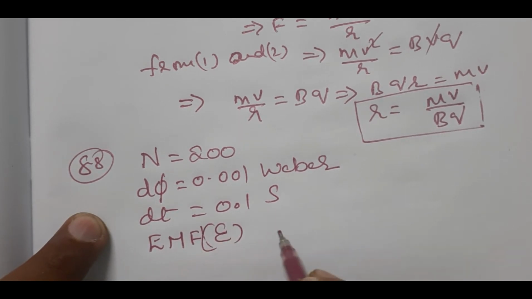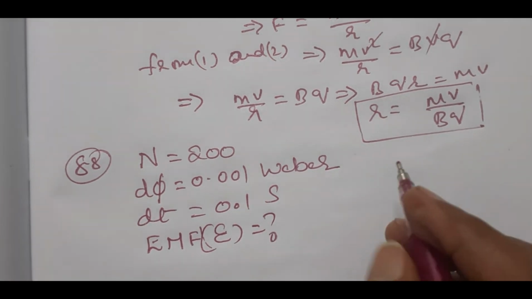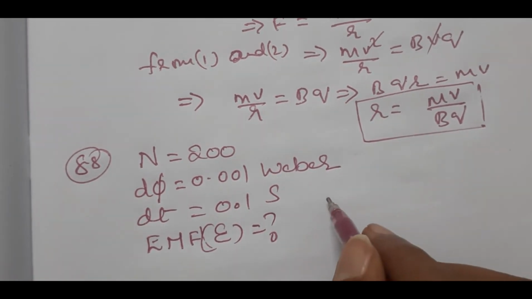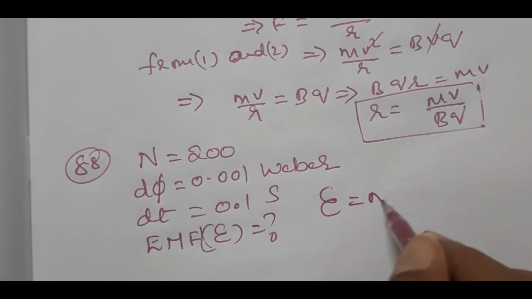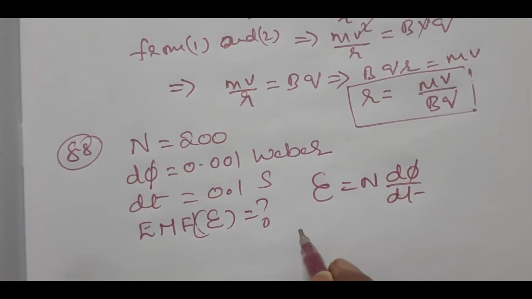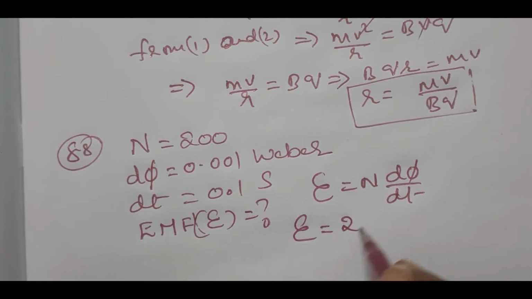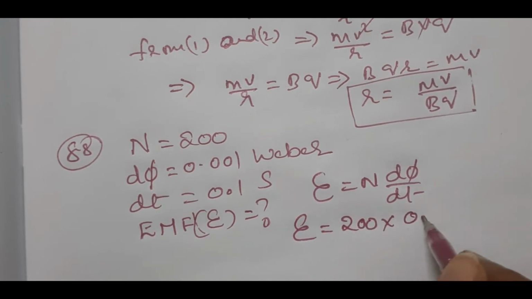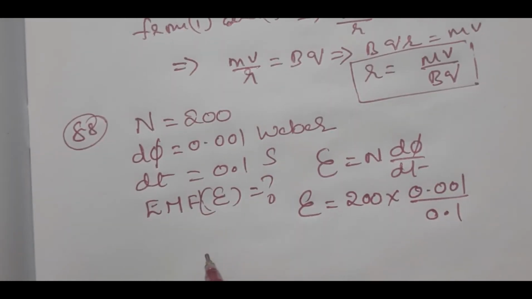This is the symbol epsilon. From Faraday's law of electromagnetic induction, epsilon equals N into dΦ by dt. This is a formula in electromagnetic induction. Epsilon equals 200, dΦ is 0.001, dt is 0.1 second.